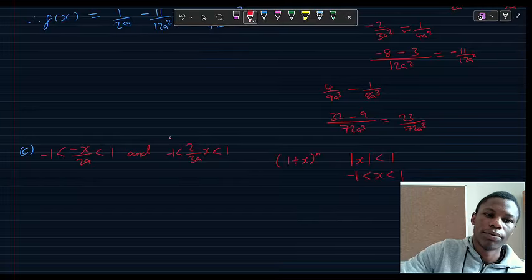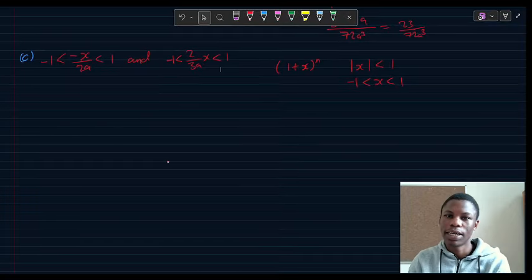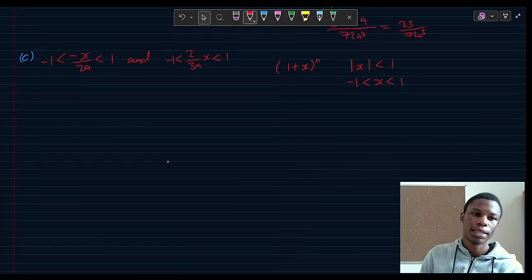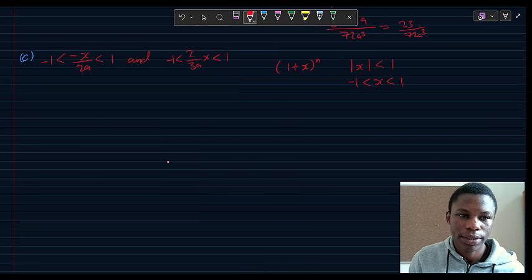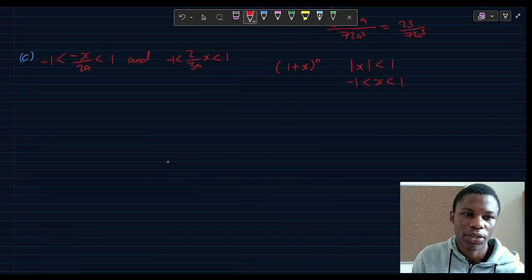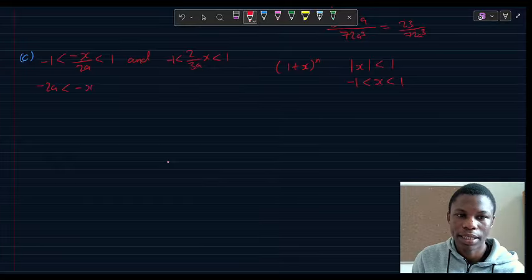So let's see what values of x satisfy both of these inequalities. With the first one, let's start off by multiplying through by 2a. So that becomes negative 2a is less than negative x, which is less than positive 2a.